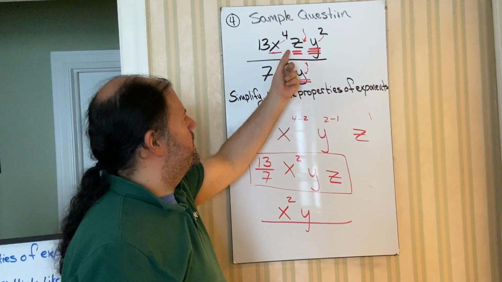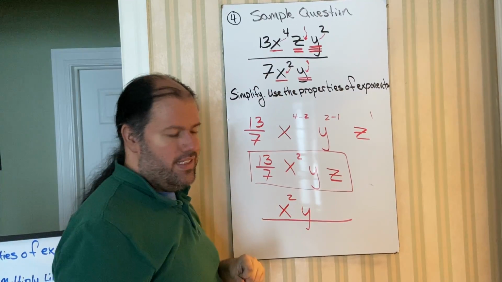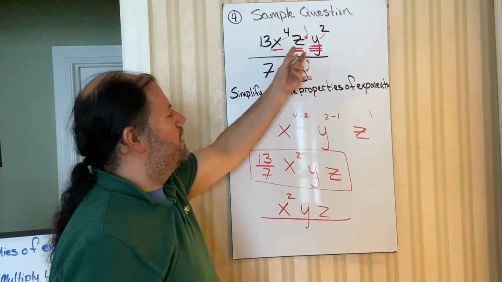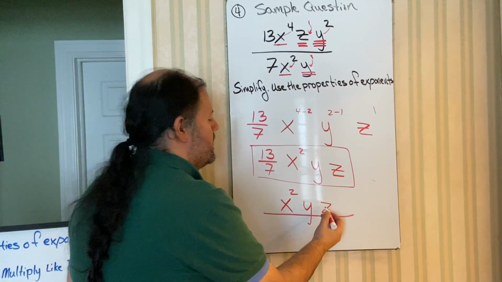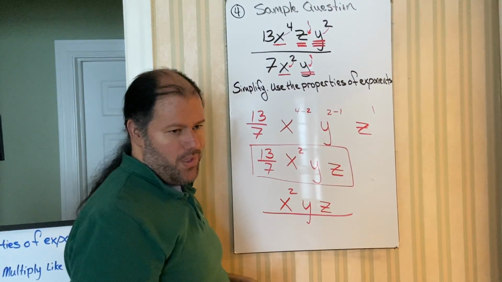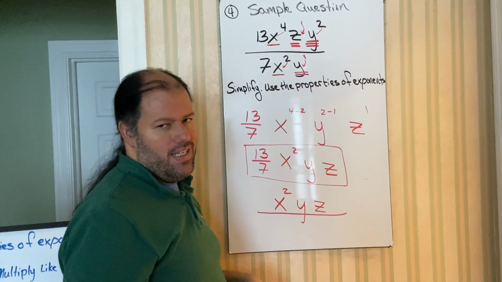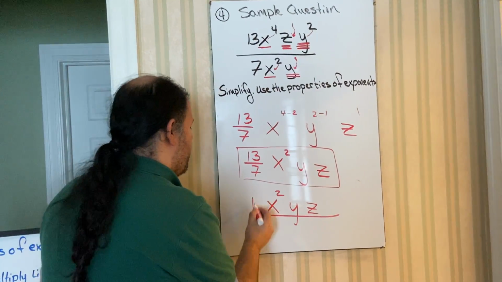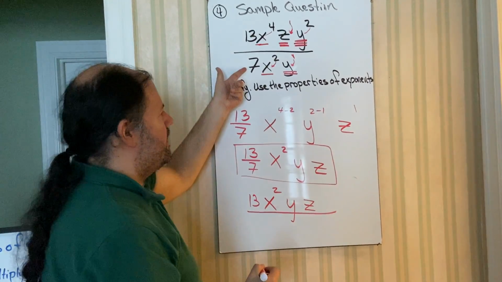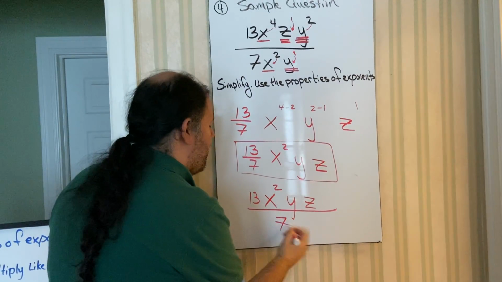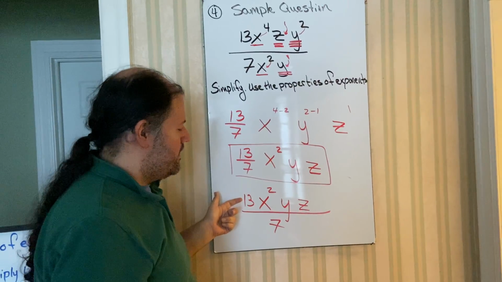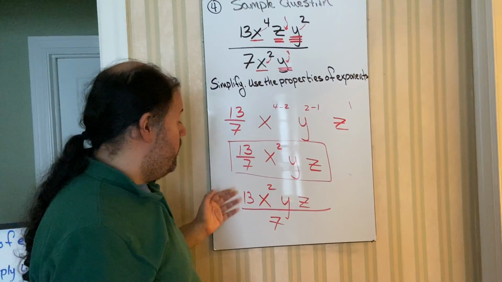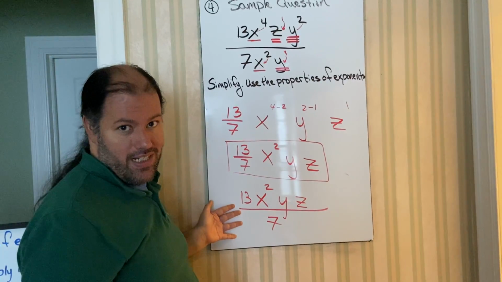And then z, 1 on top, no z's at the bottom, so there's more z's on top by just 1. Notice if they're 1s, I don't write them in. 13 is left on top. 7, though, is left at the bottom. Can I break down 13? Can I break down 7? No. So this can also be your answer.